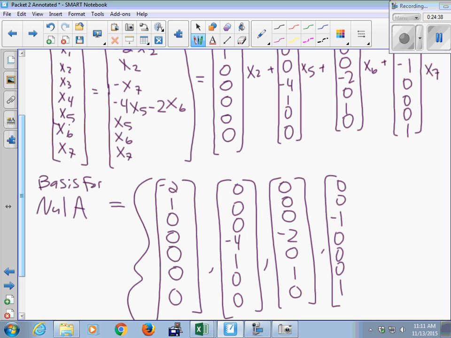Then we have the dimension for null space before, right? Yes. All right, so we found bases for the column space of A, the row space of A, and the null space of A.